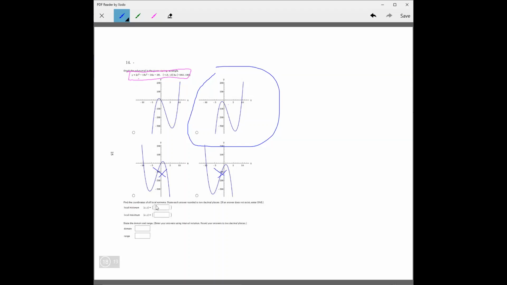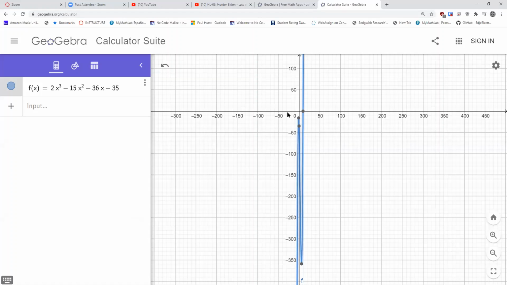Okay, now let's look for the local minimum and local maximum. Let me show you how to find those from the graph. See right here, it peaked out under the x-axis. For the local minimum, if you click that point there, it gives me the coordinates, which is (6, -359).